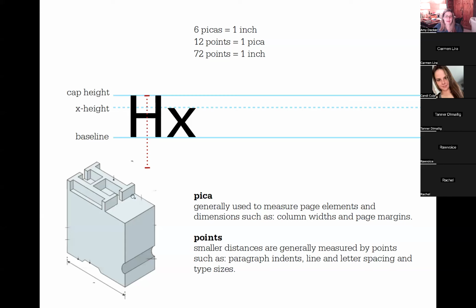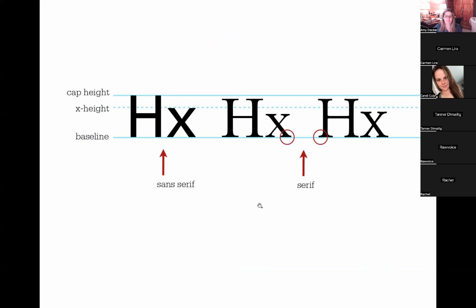So the height of a letter is descender to ascender. This dotted red line here is how we measure type. It was based on the movable type, the length of the blocks, because all the blocks would have to be the same size. And so that's how type is measured. It's called an M measurement. We're going to talk about that in a minute.